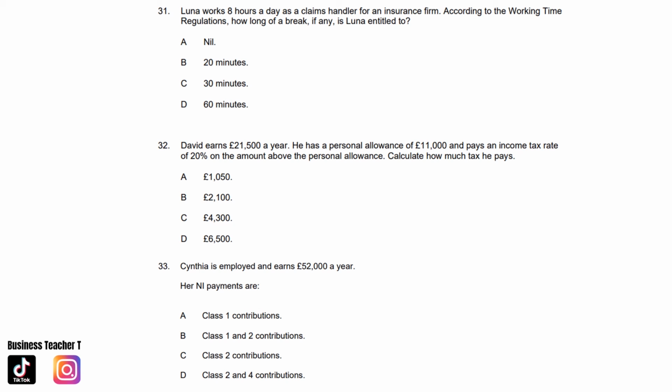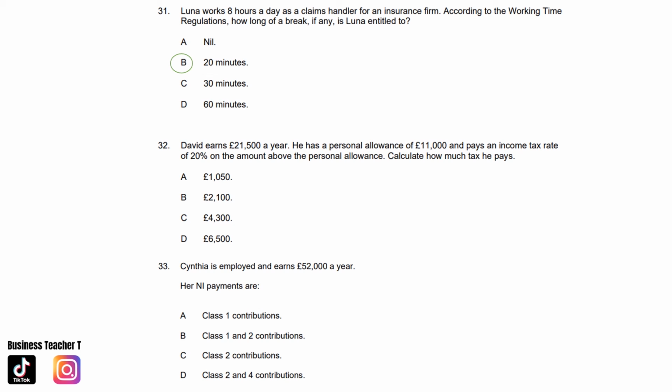And the answer is B, 20 minutes. Question 32. David earns £21,500 a year. He has a personal allowance of £11,000 and pays an income tax rate of 20% on the amount above the personal allowance. Calculate how much tax he pays.